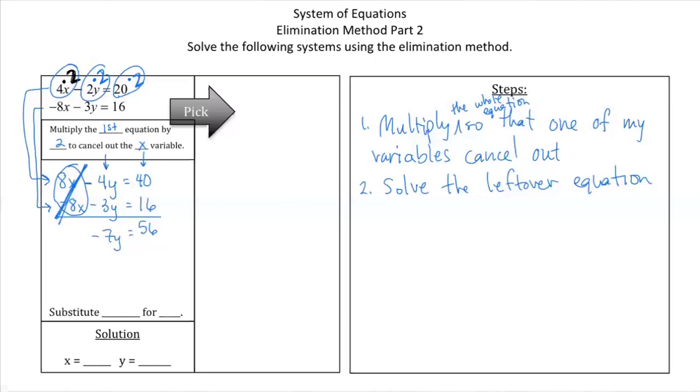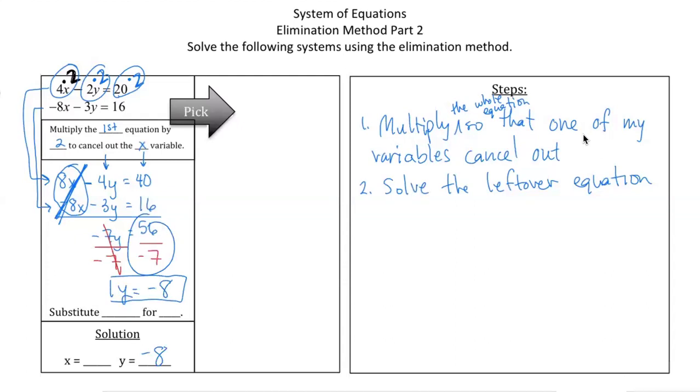All right, so solving that leftover equation, now we're just going to divide both sides by negative 7. Those cancel. So I do get my answer here. Y equals 56 divided by 7. 56 divided by 7 is 8. Positive divided by a negative is negative 8. So I have my answer, or half my answer. Y equals negative 8.